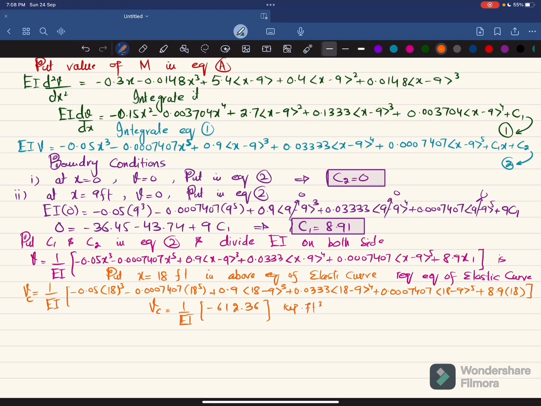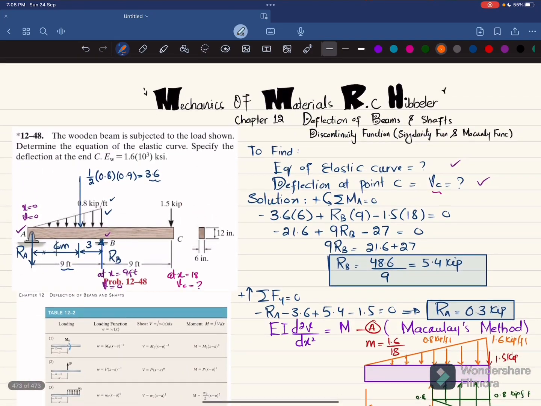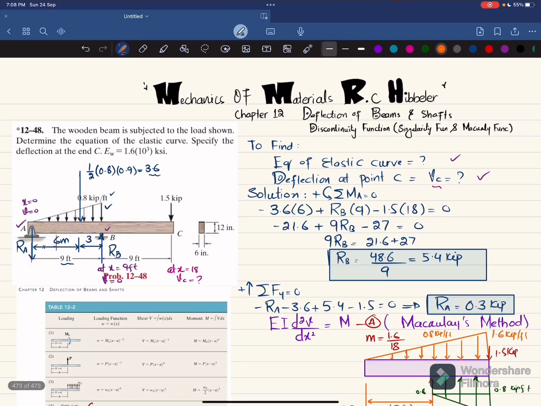Now we have been given that E of wood is given as 1.6 into 10 raised to power 3 ksi, and the cross section of this beam is given, so we will find I. So I is equal to 1 over 12 bh cube. So 1 over 12 into b is 6 inch and height is 12 inch cube.